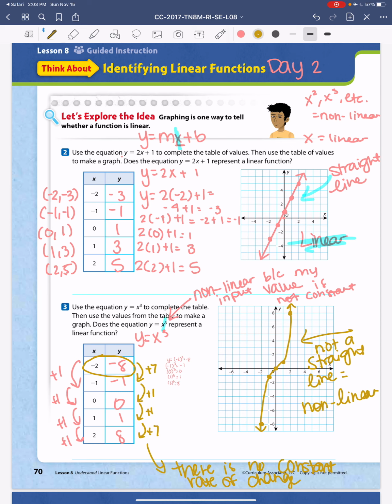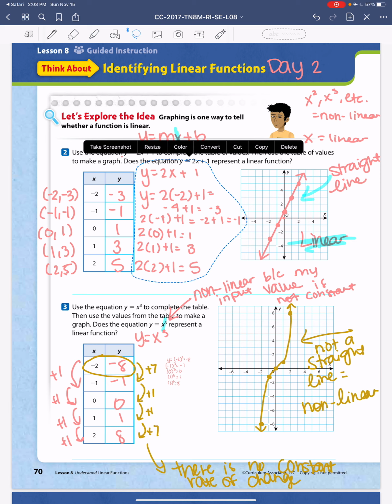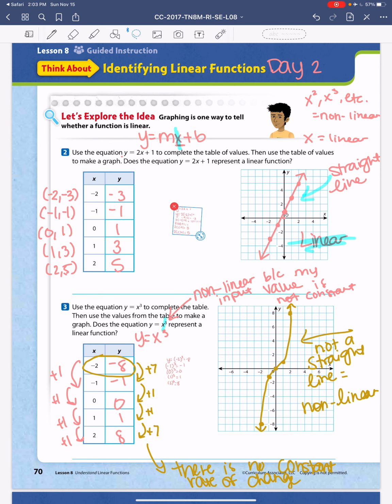So let me prove to you that, because I saw immediately that our first example in number 2 is going to be linear. I knew that just by looking at my input in the given equation. Let me prove to you how that's correct. Again, in order for it to be linear, it needs to have a constant rate of change.